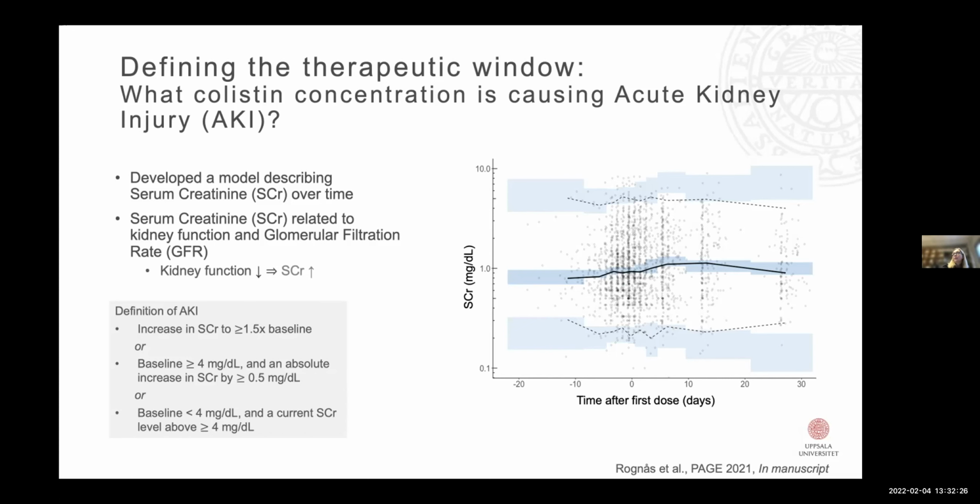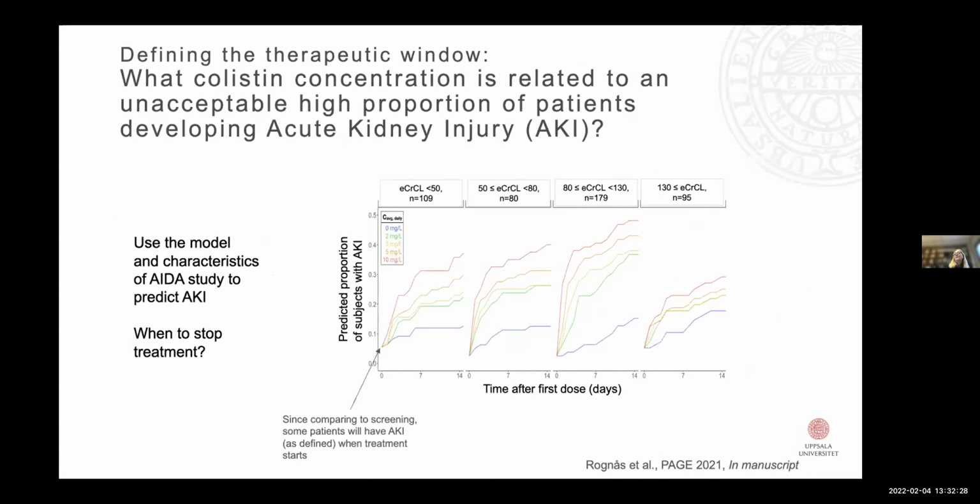So we had that type of model, and with this we can then predict what is the suitable target concentration, or an upper limit of the concentration where too many subjects will have the acute kidney injury, which we don't want the patients to have, of course. And we can also see here, this is just predictions from subjects within the trial if they had received different concentrations. So you can see here the range of concentrations.